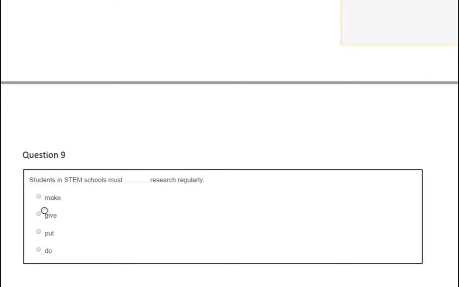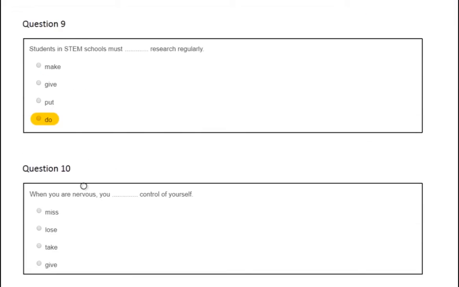We can say make a decision, give money, put something on something, but do a research. STEM here is an acronym for 4 words: S science, T technology, E engineering, and M math.